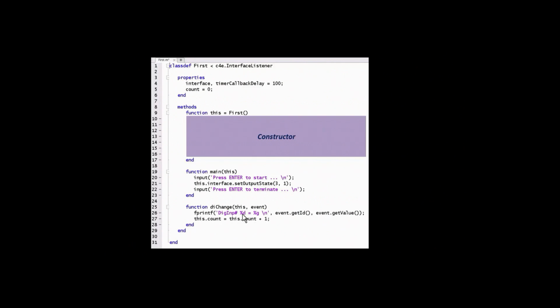So when we say this dot count equals its previous value plus 1, it means it increments the count that you have. Initially, we set the count to 0 in our memory section. Suppose one of the digital inputs was grounded, hence it was activated. In that case, this function will wake up, and we execute the statement by saying, change the value of the count variable, take its previous value, which is 0 initially, and add 1 to it, so it makes it 1.